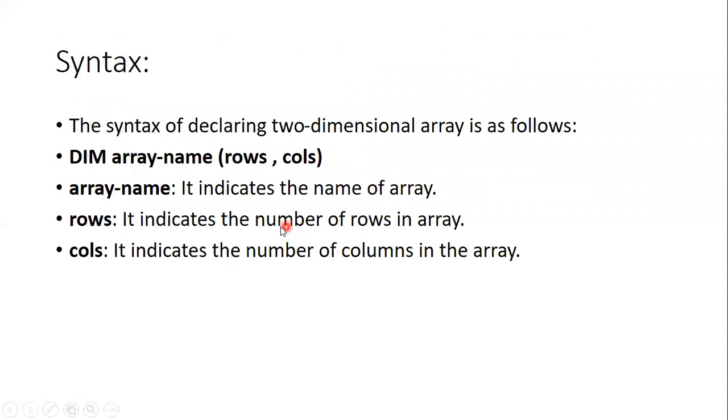Fine. So the syntax of declaring a two-dimensional array is as follows. We will have to give two index values, one for rows and the other for columns, along with the array name and Dim keyword. Over here also, the rules for naming this array would be the same as we discussed for naming variables in chapter number 2. Clear?